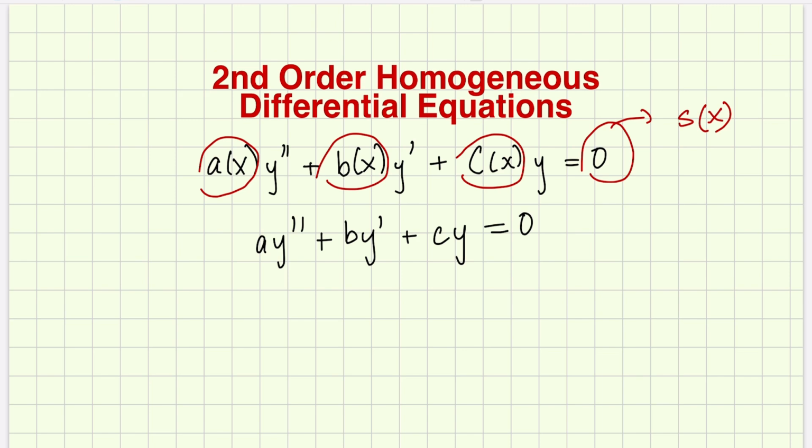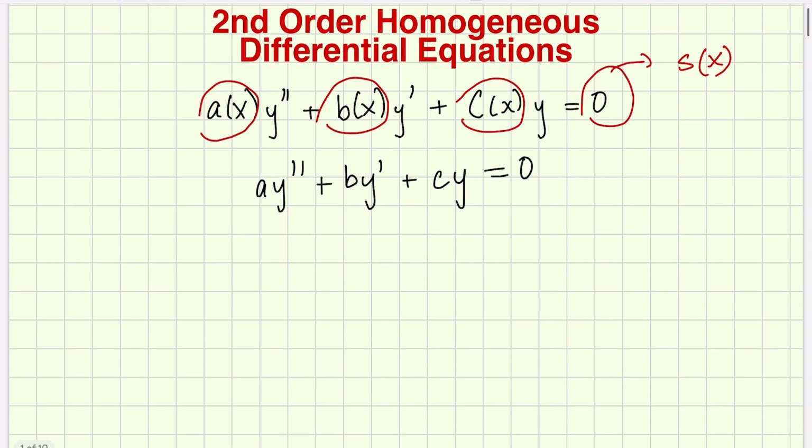So if they're constants, I have a y double prime plus b y prime plus c y is equal to 0. Our solution to this is always assumed to be of the form y is equal to e to the power rx. Now if I take the derivative of this y prime, I will get r e to the power rx.